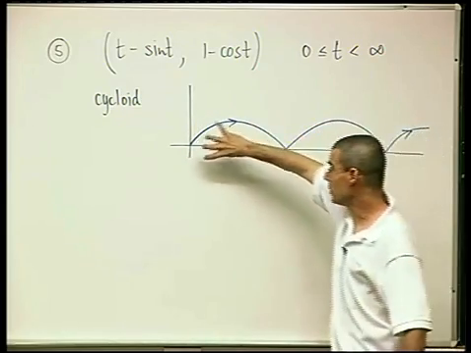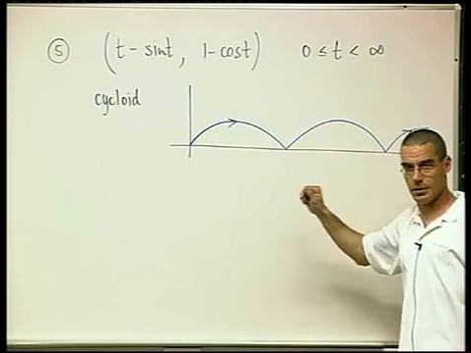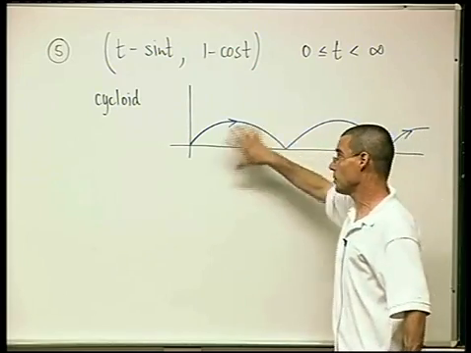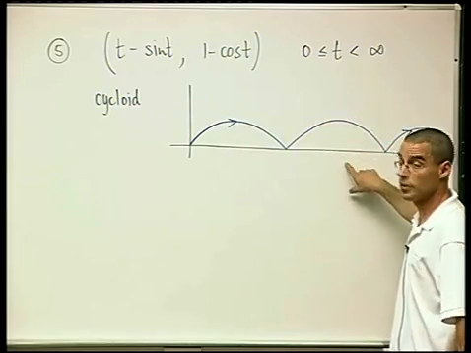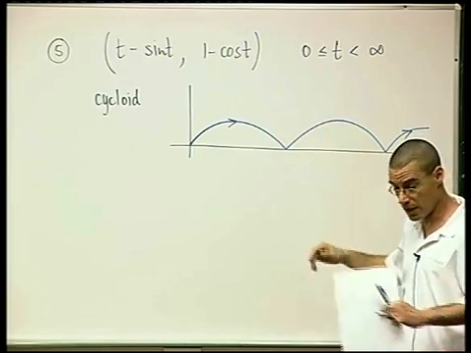I don't know if this is convincing when I just do this, okay, but that's the geometry behind the name cycloid for this curve, okay? But try doing this, try studying this.